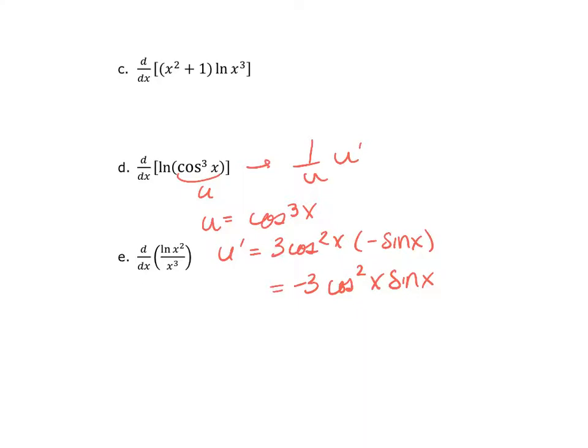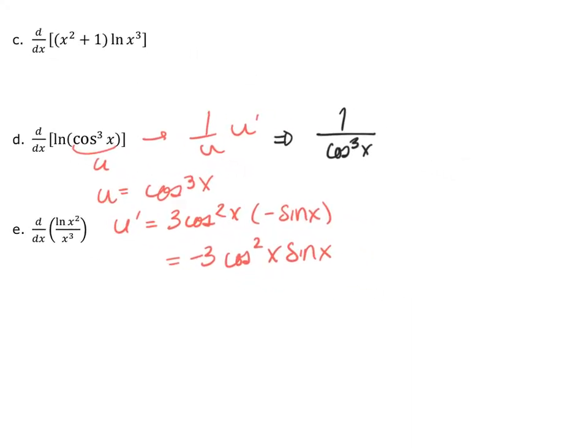So this derivative, using the rule, is going to be 1 over cosine cubed x, that's 1 over u, times the derivative of u, which is negative 3 cosine squared x sine x.